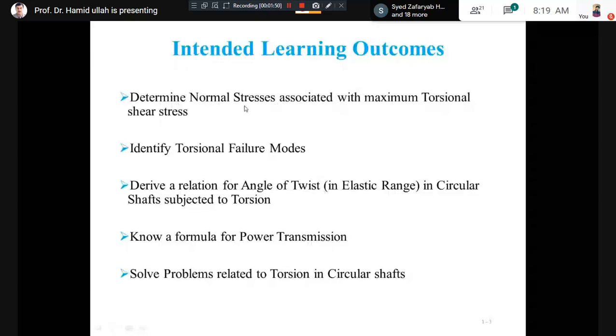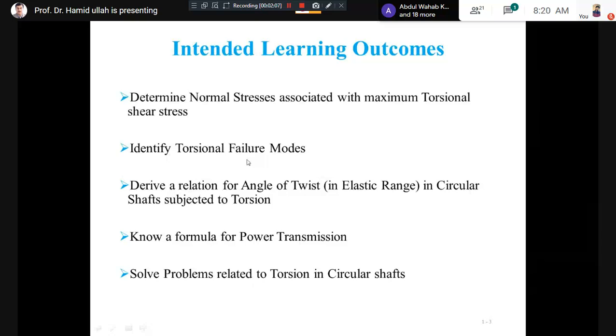Second, you can see failure modes. You remember we mentioned types of material, in the stress strain diagram, where we discussed two types: brittle material and ductile material.